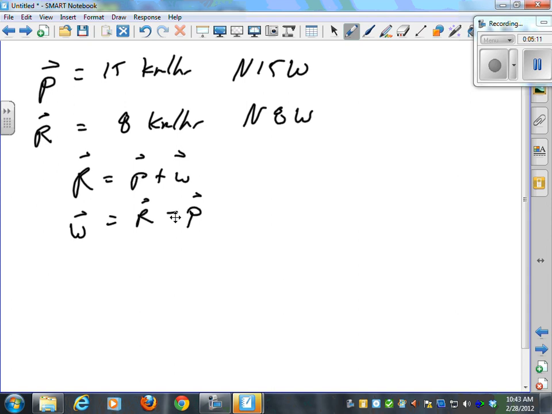So let's do the r first: 8 kilometers an hour at north 8 west. So that's going to be like this. This is an 8. This is rx. This is ry. And they're both 8. Nice one. So rx is opposite, so that's the sine. It's going to be 8 sine 8.